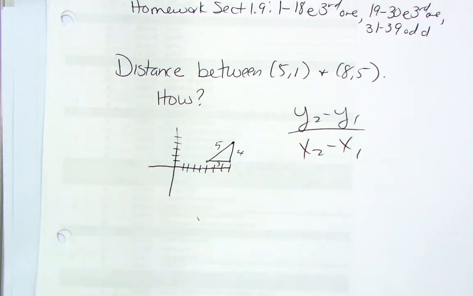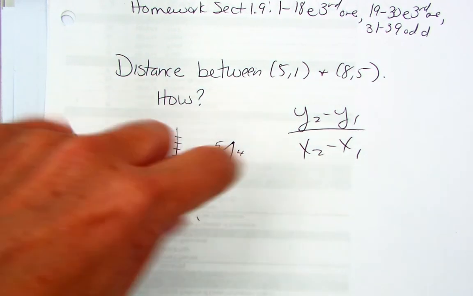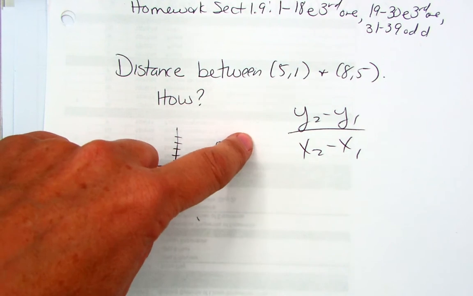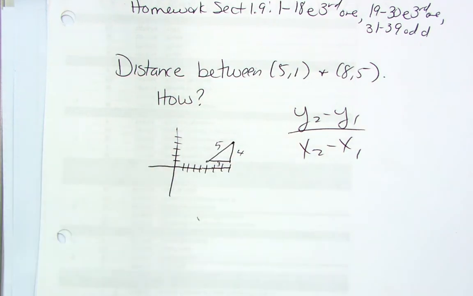I heard rise over run everywhere. What's rise over run? Slope. I didn't ask the slope. I asked the length, or the distance. And so they exquisitely drew a right triangle, because it's the easiest way to find the distance between any 2 points. Thank you very much.